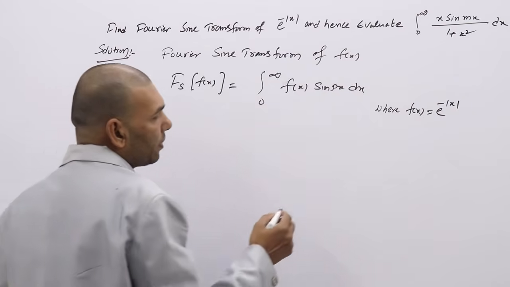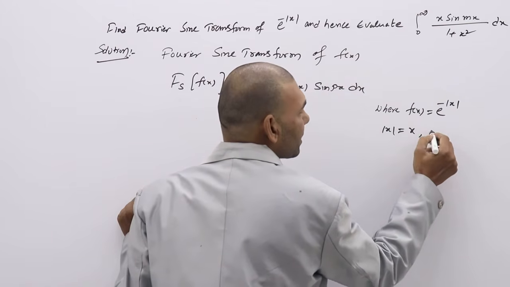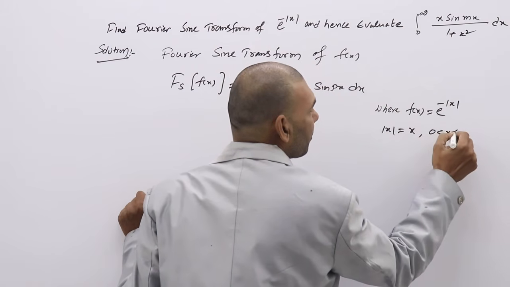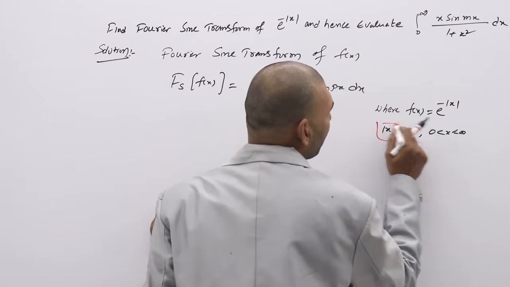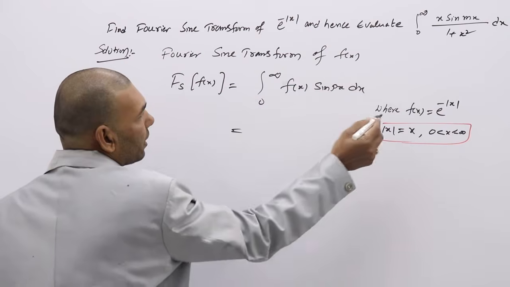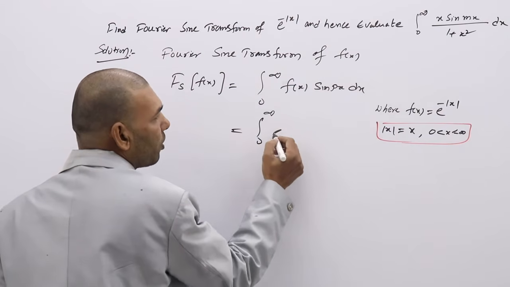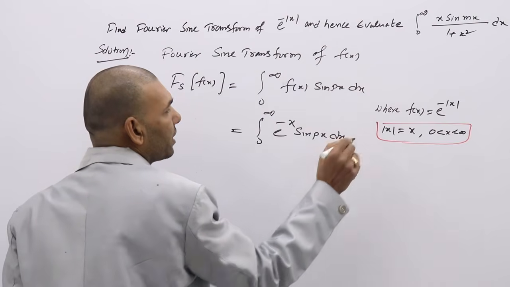We know that mod x equals plus x in 0 to infinity. So we write e power minus mod x as e power minus x, sin px dx.